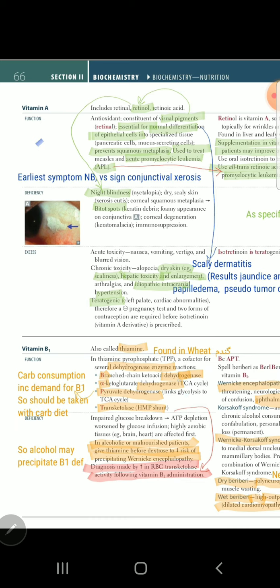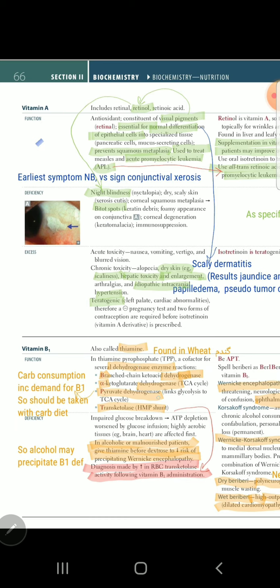They are used in the TCA cycle. We know that is the breakdown of pyruvate into further chemicals and release of energy from the glucose molecule that has produced pyruvate. So carbs or glucose are related to dehydrogenase and B1 or thiamine. Everything will be related to it. Carbs, B1, thiamine, and dehydrogenase enzymes.